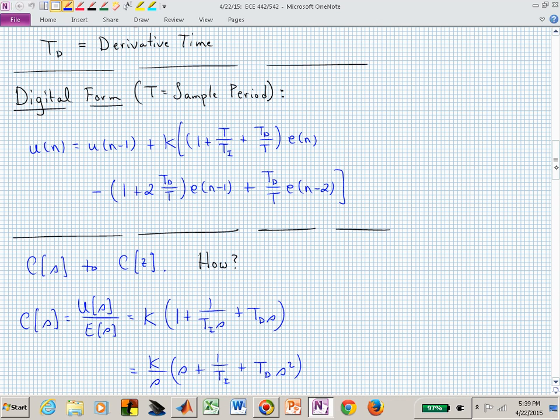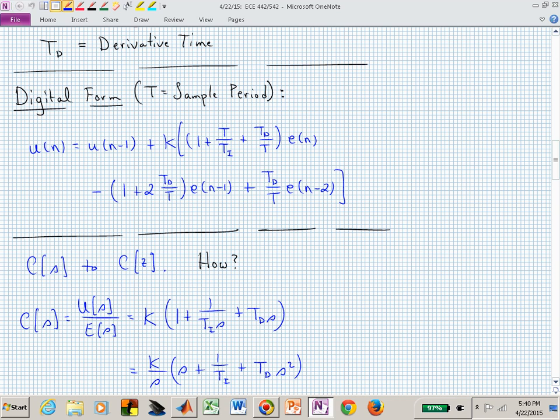And now I want to answer that question. How do we go from this capital C of S, the Laplace version of this PID controller, to its Z transform representation, the transform representation in discrete time?